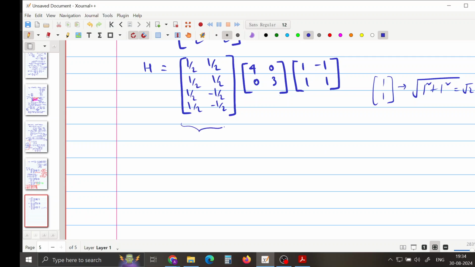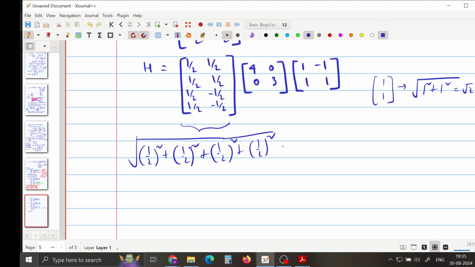And for this first matrix, you can verify if you take the norm of the columns, this is clearly equal to 1. So it's already normalized, it's already unit norm.